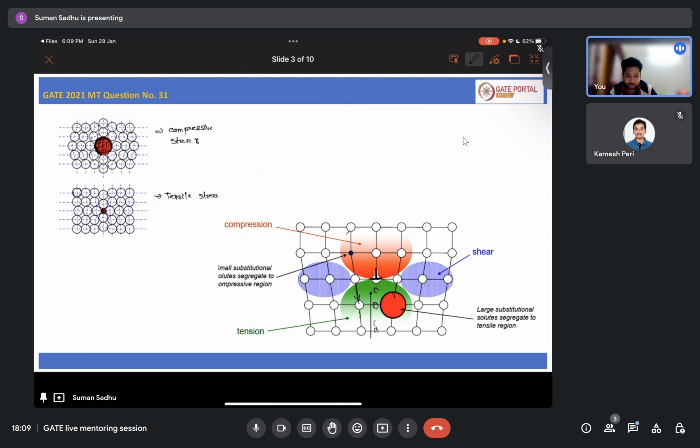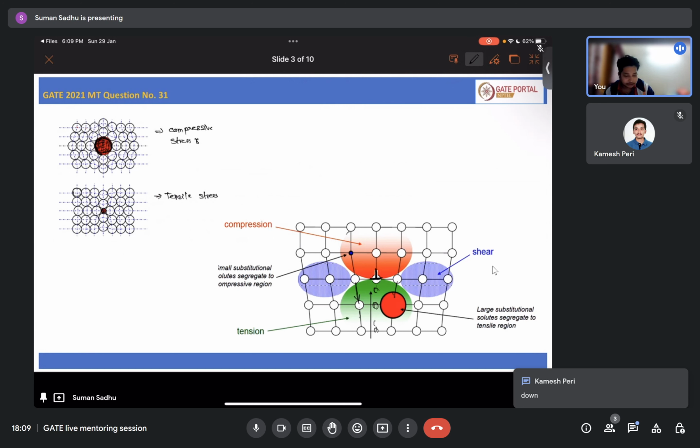Now if you put an oversized atom, which develops a compressive stress surrounding it, near the edge dislocation, what will be the tendency? At which location will it try to go? Seeing this diagram, I think you can also answer it.